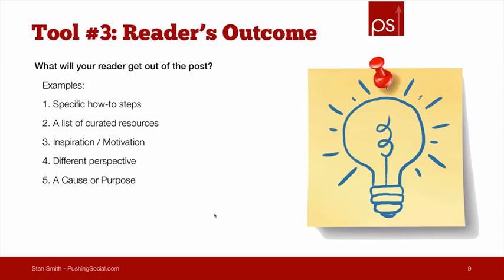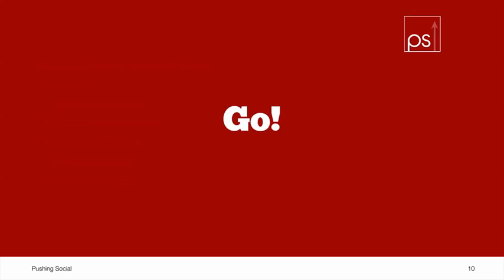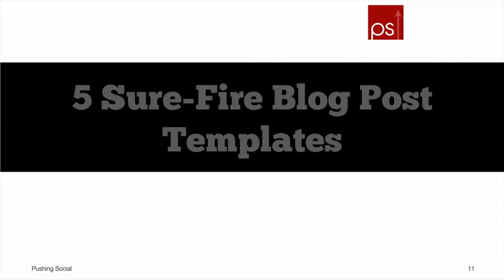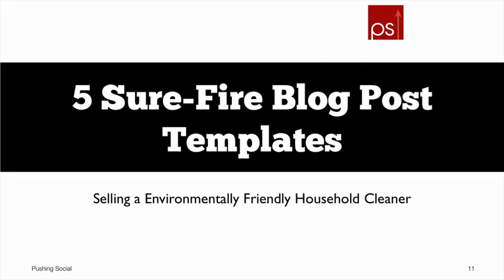Awesome. So here's the next step. Let's get down into the nitty gritty. And I hope I don't lose people tonight, but I really want to make sure that you understand how to construct these blog posts for yourself and for your blog. So we're going to go through the 5 surefire blog post templates, okay? And I'm going to use just an example of selling an environmentally friendly household cleaner.